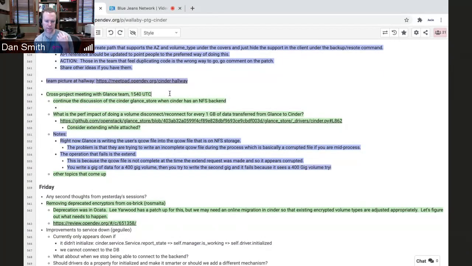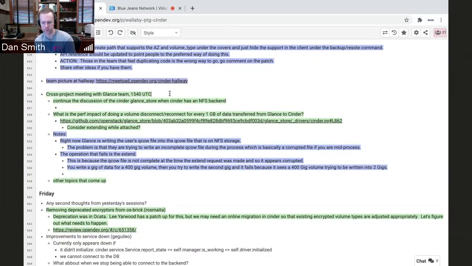But what it sounded like Gorka was saying was that we shouldn't have gotten to that in the first place, because we should not have Glance writing the low-level data format that Cinder is using on the back end, right?